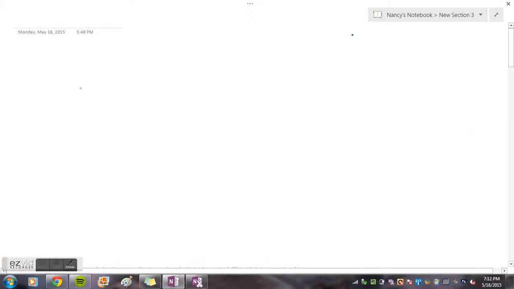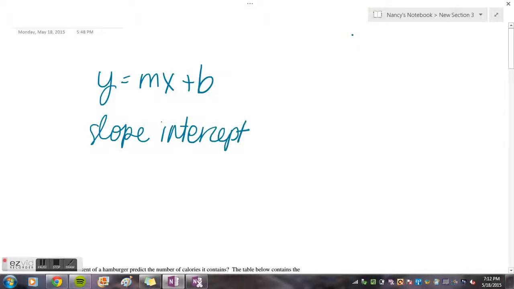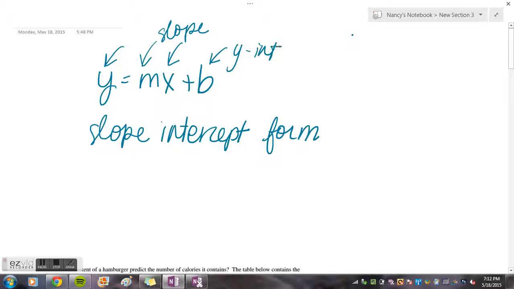So how do we find the equation of a least squares regression line? Well, you may be familiar with y equals mx plus b, the slope-intercept form, something we've all learned. Well, hopefully. So you have your y value, your x value, your slope, and then your y-intercept.